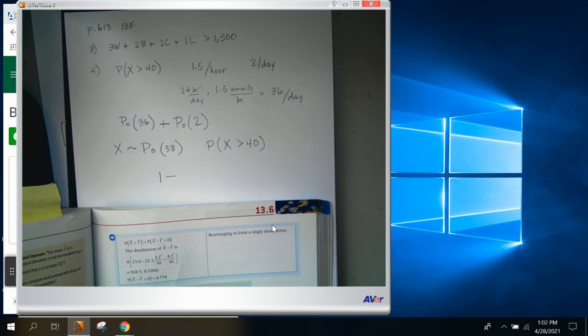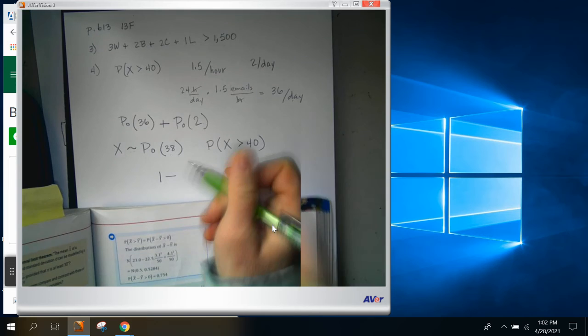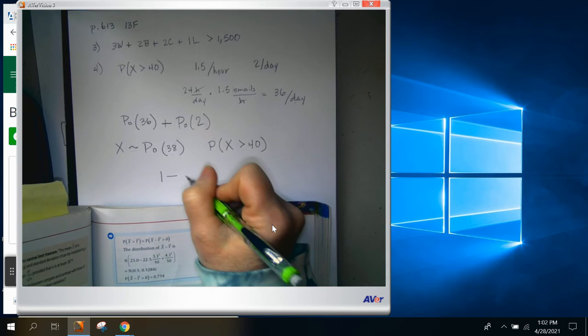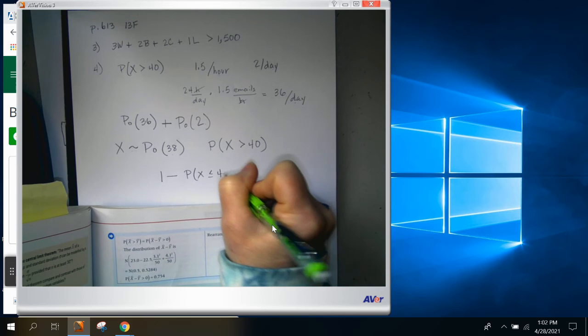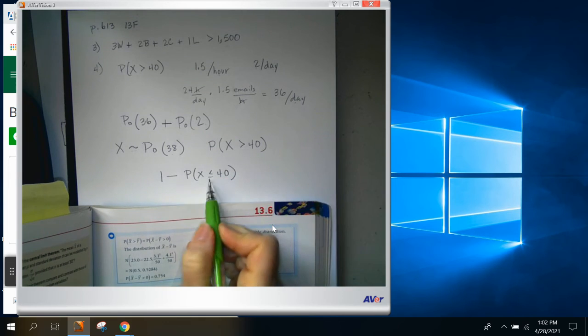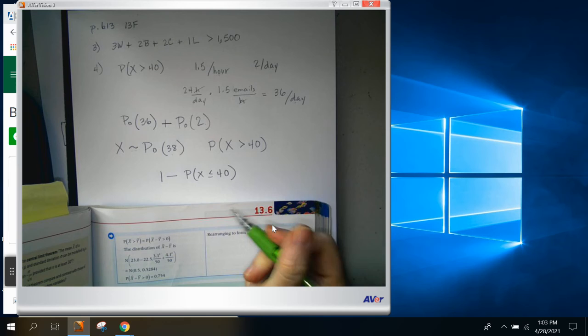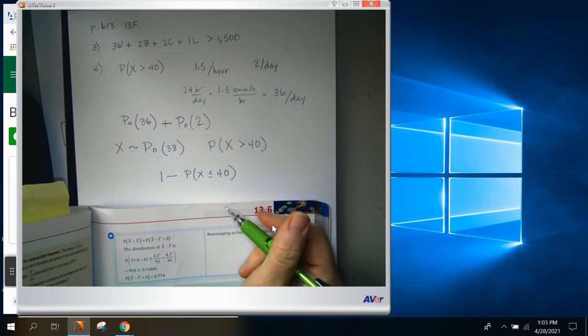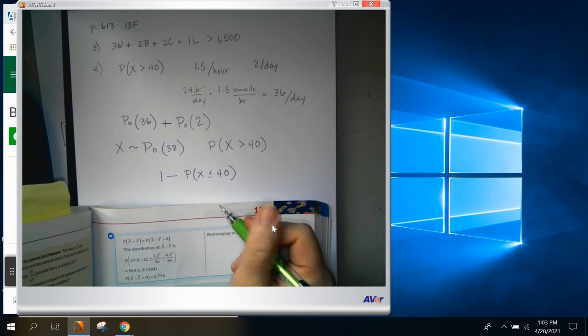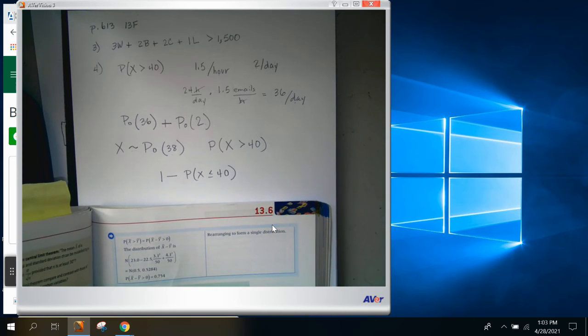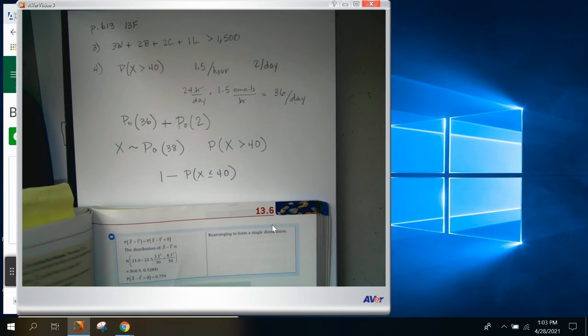I wanted it to be more than 40, so this is going to be less than or equal to 40. If I subtract that from 1, I should be left with my probability of getting greater than 40. Then I just need to put that into my calculator.